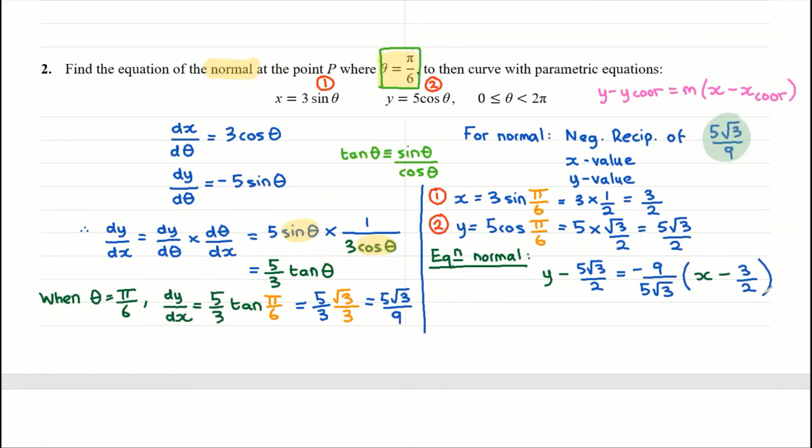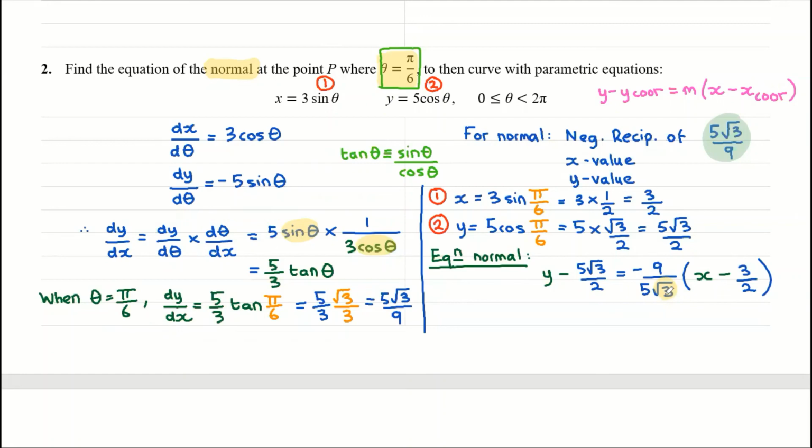Now, it doesn't ask you to write it in any particular way. So that's fine. That will get you full credit. Obviously, you've got a root 3 in the denominator here. That should really be rationalized, but we've answered the question because we've got Cartesian. We've got x variables and y variables. So there's nothing wrong with that.